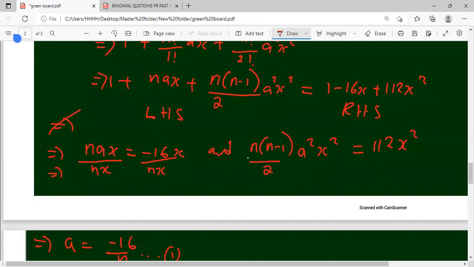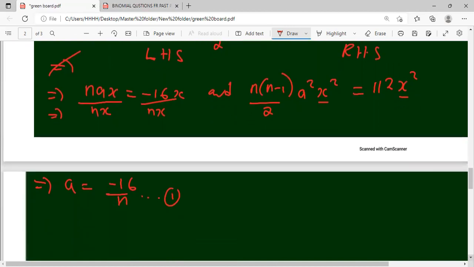So when you check, you have got x squared and x squared, means the coefficients are the same. So this implies that we have n minus 1 divided by 2 a squared is equal to 112, and this is our equation 2.